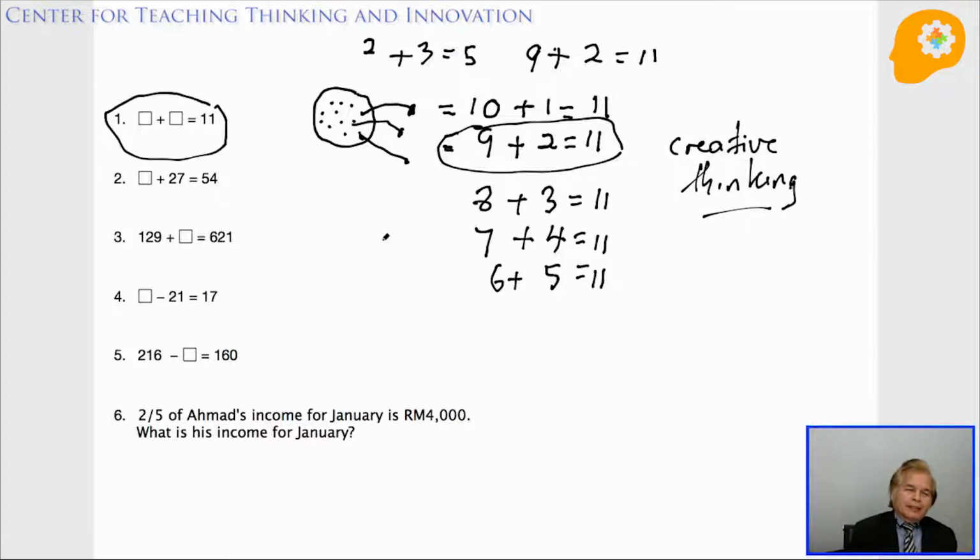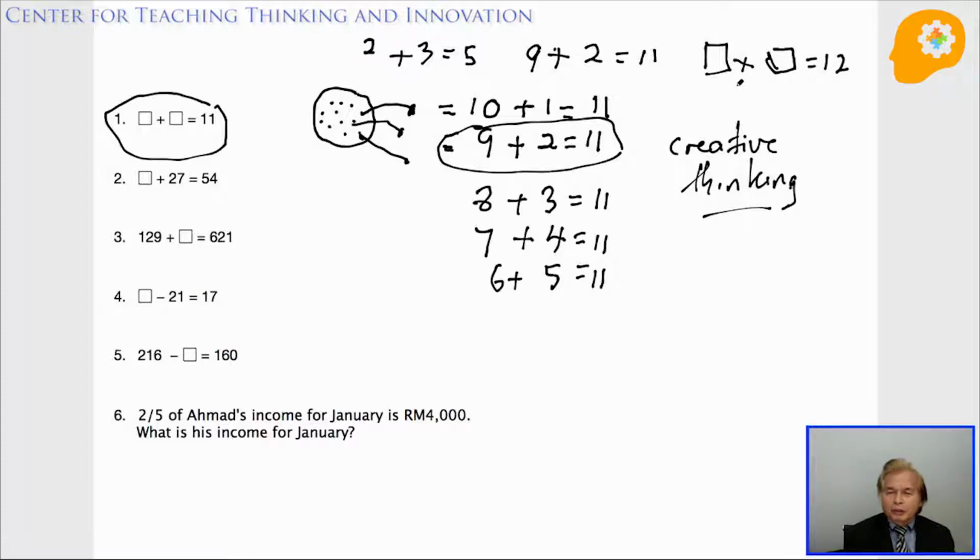All right. You can also do the same thing with other questions, like you can develop your own question, like what times what. For maybe year 2 students, you might ask what times what equals 12.